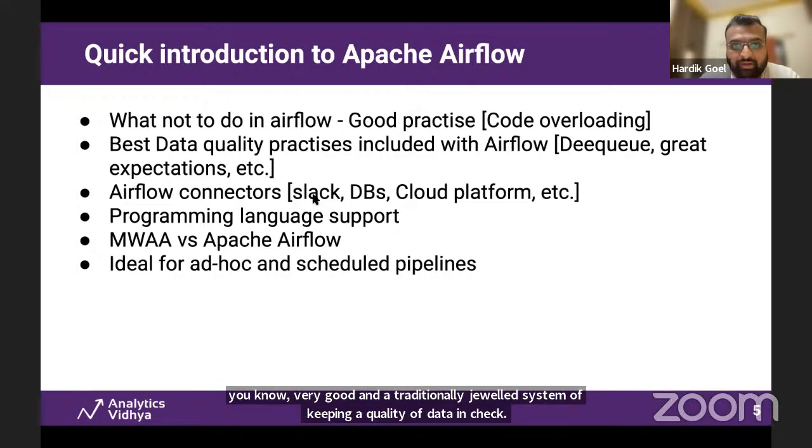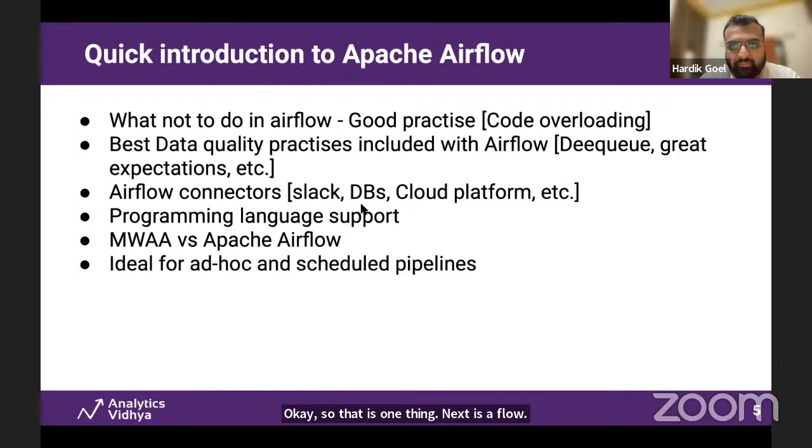Next is Airflow connectors: Slack, DBs, cloud platforms, etc. So Airflow also provides a range of connectors, right? You can connect your DAGs or your Airflow systems to your Slack notifications. For example, you want to get notified whenever your job passes or fails. That's where the Slack connector would come into the picture.